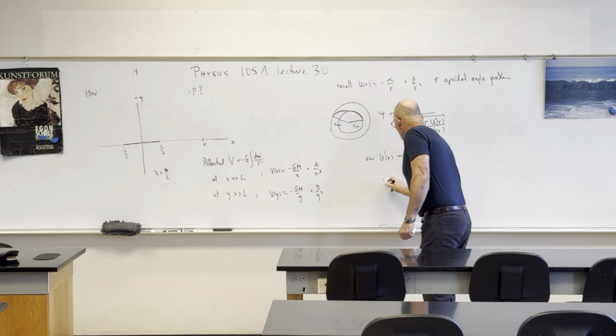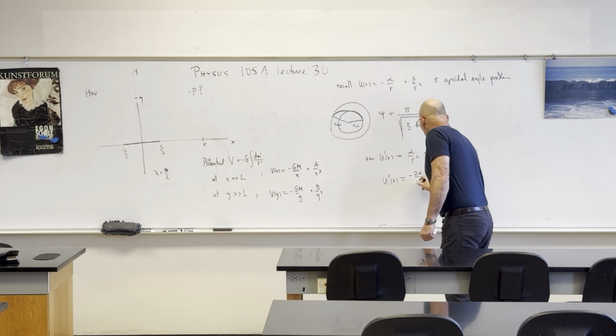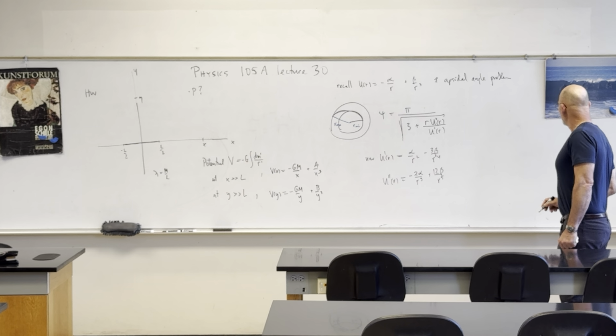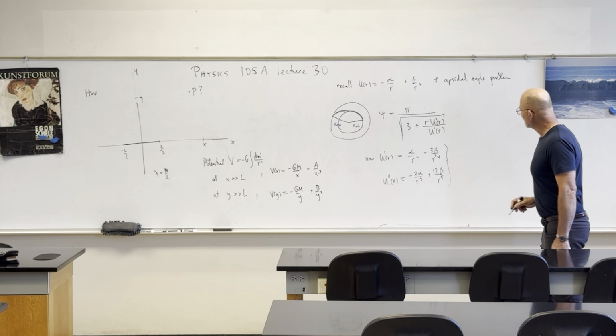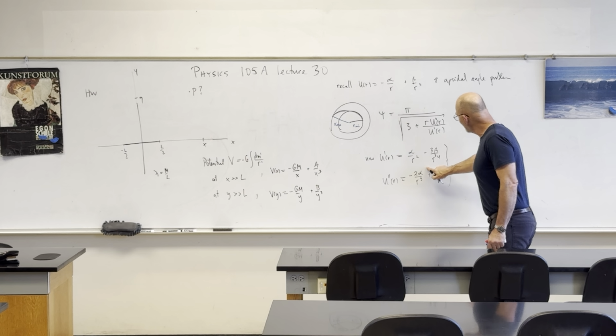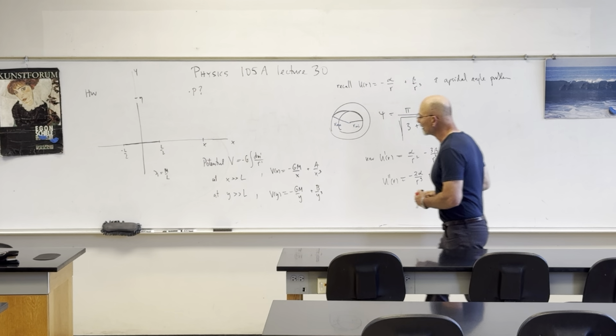And then for U double prime, we get minus 2 alpha over R cubed plus 12 beta over R to the fifth. So it looks like this is going to be a pretty involved calculation, but it simplifies a lot. So yeah, we're going to go into here with this expression. I'm going to clear up some more over here.